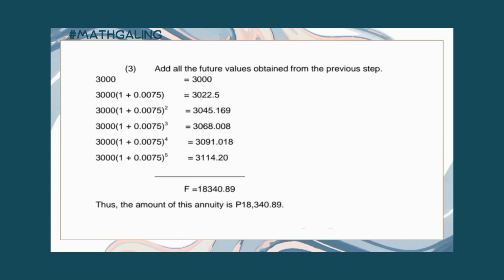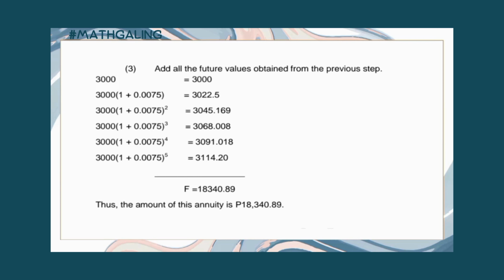3,045.169. For the third month, 3,000 times (1 plus 0.0075) raised to 3, that is 3,068.008. And for the second month, 3,000 times (1 plus 0.0075) raised to 4, that is 3,091.018.